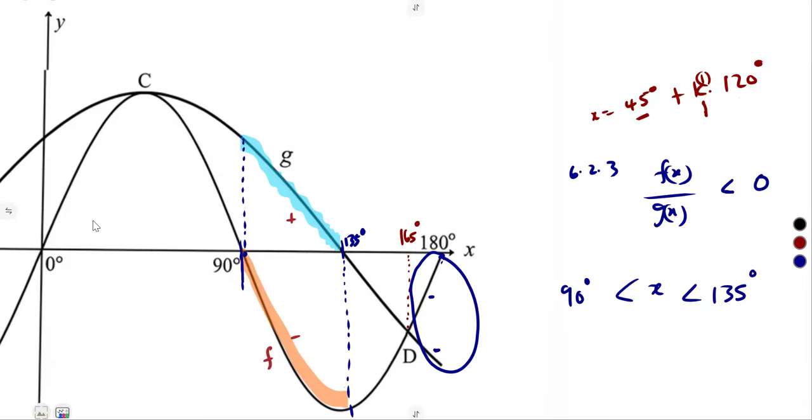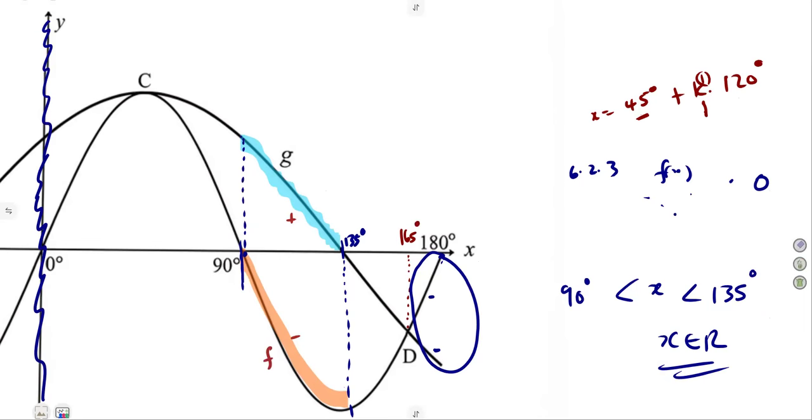Remember, they told us limited from 0 to 180, so we are not going to use anything negative. Those are the x values you are going to expect to get a negative answer. All right, so that's 6.23.